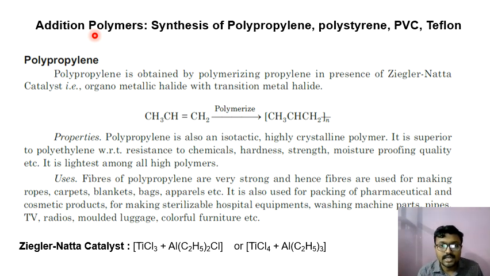After the polymerization reaction, it will form a big macromolecule, the polymer molecule. So polypropylene, from this name we can understand that it is the polymer of the propylene molecule. So we have to take the propylene molecule and perform the polymerization reaction. To perform the polymerization reaction, Ziegler-Natta catalyst is used. So the mechanism is coordination polymerization reaction. Using this coordination polymerization reaction, we are getting this polypropylene molecule.